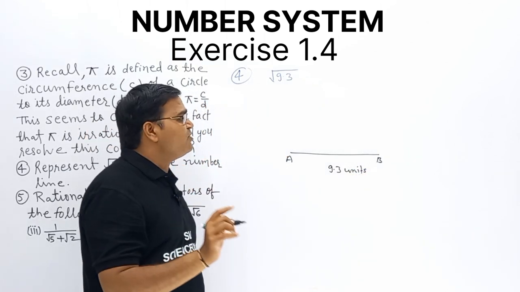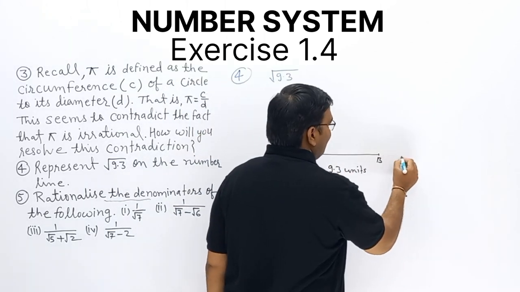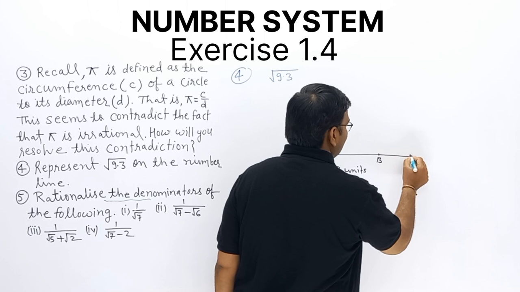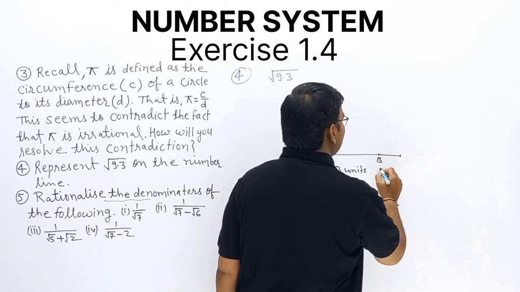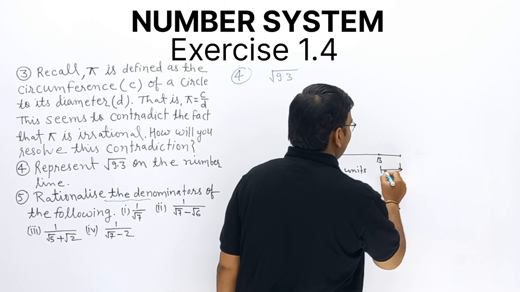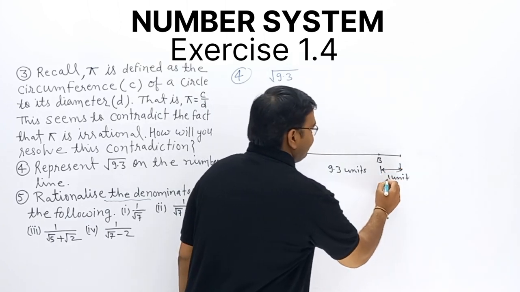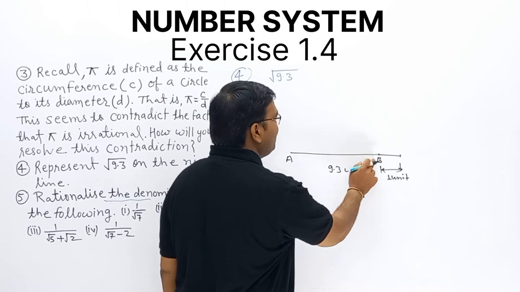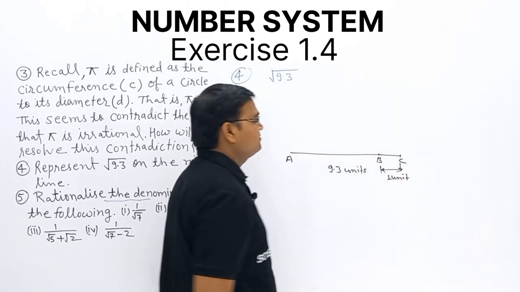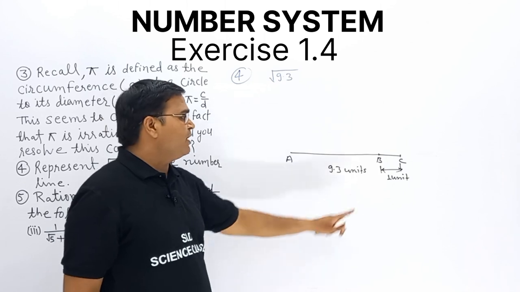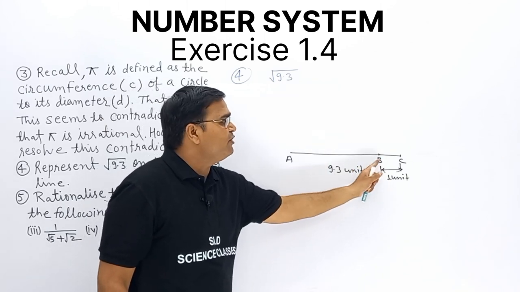Then the second step is what? Add 1 centimeter or 1 unit at B. Then A to B is this, and B to C is what we get after adding 1 unit. So first take 9.3 as a base, then add 1 unit to this.